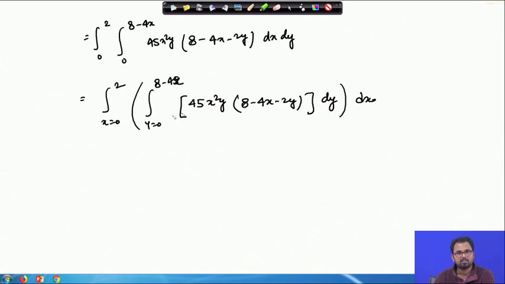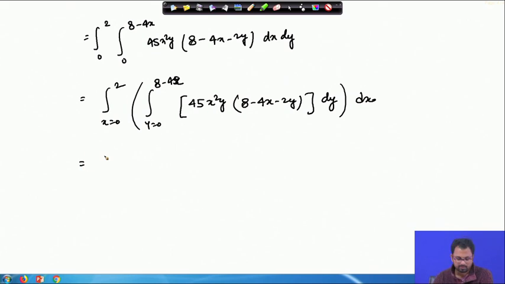Sorry about the brackets, but you can use the correct brackets. Here it should be a curly bracket and then the big bracket, but the bracket is not the concern here. I am not focusing on that. Now we can integrate this with respect to y. So, we multiply by 45 inside this bracket and then do the integration.